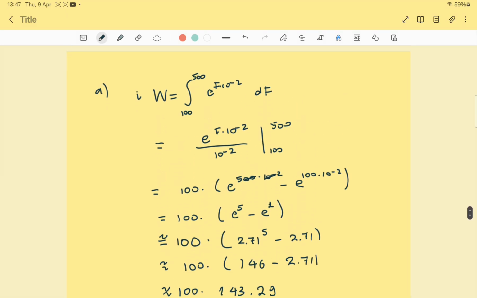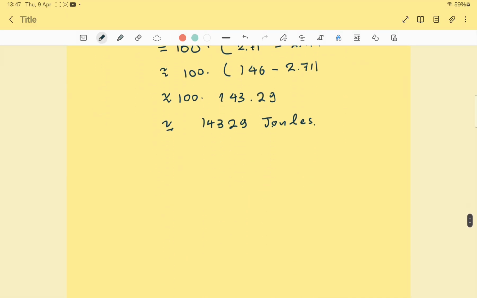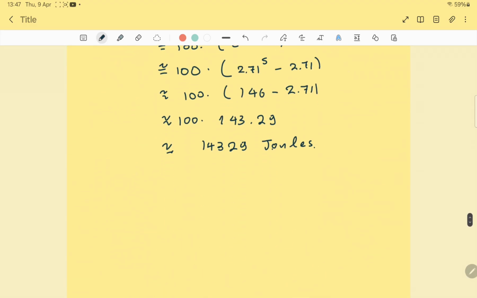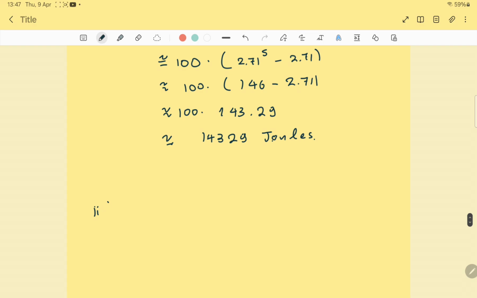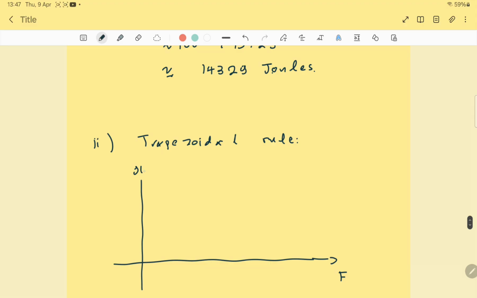And now we proceed with a numerical approximation. We will use the trapezoidal rule for number 2. Okay, my function looks like this. So that is f, and that's y of f.